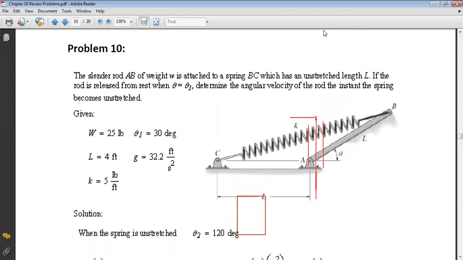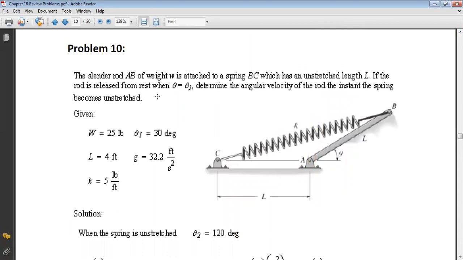Of the spring, you mean? Yes, the spring. At the initial position, they said that it's released from rest when theta is equal to theta 1, which is equal to 30 degrees, and find the angular velocity when it becomes unstretched.